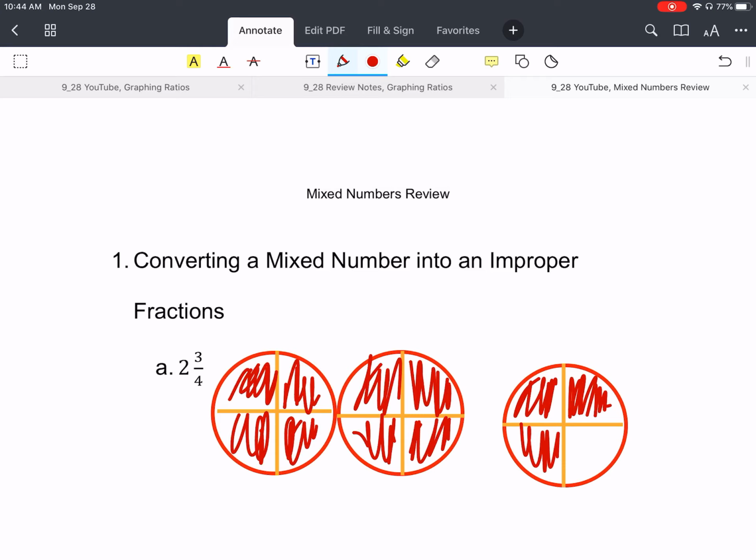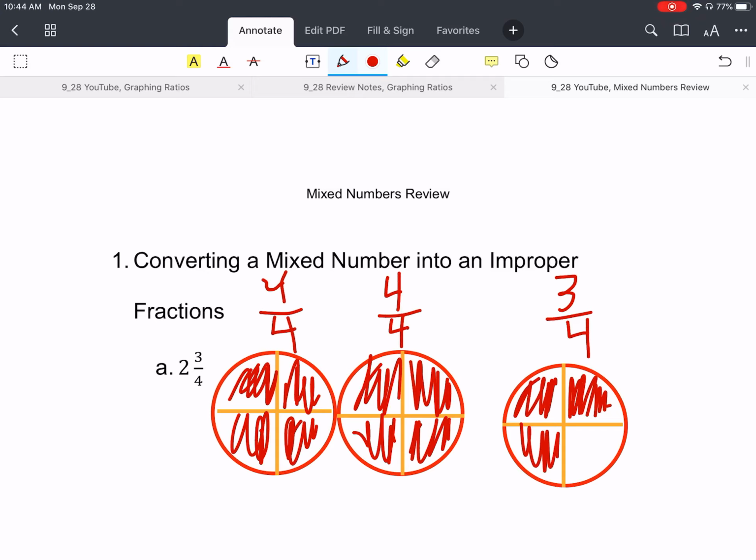And notice that each circle or each pie has 4 pieces because that's just the denominator that we're dealing with. And really, each whole can be represented by 4/4 because all 4 pieces are shaded in. And this one on the right, of course, is 3/4.